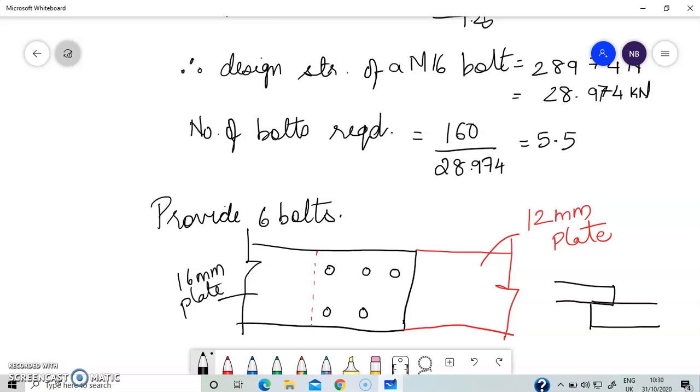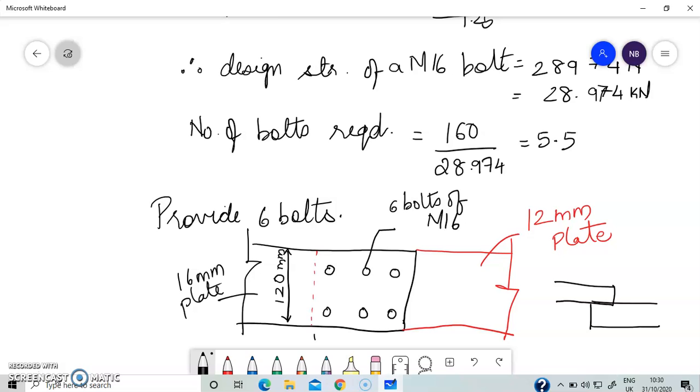All the details need to be given in the drawing, because this drawing goes to the site. So we've been given that this is 120 mm. The thickness is given, the width is given, you are given 6 bolts. So please write here 6 bolts of M16.